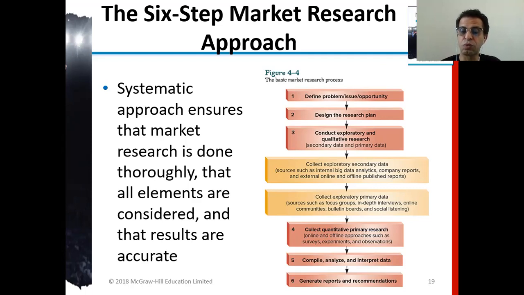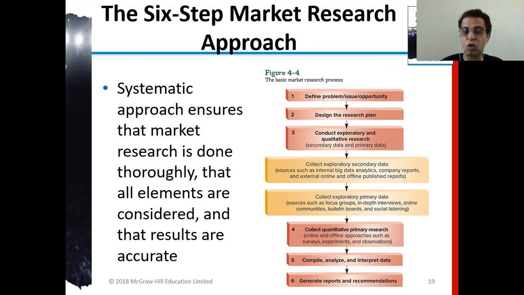Then once we do that, the next step, we move to collect quantitative primary data if we're not satisfied with the answer that we got, because qualitative and secondary data is cheaper to collect than quantitative primary research.